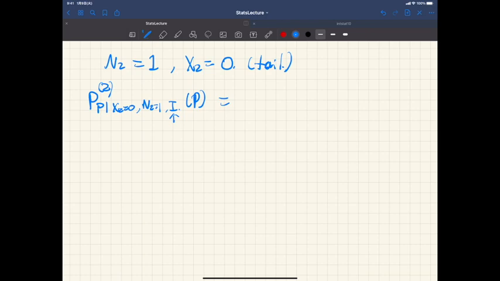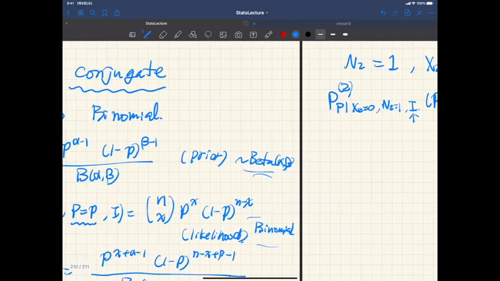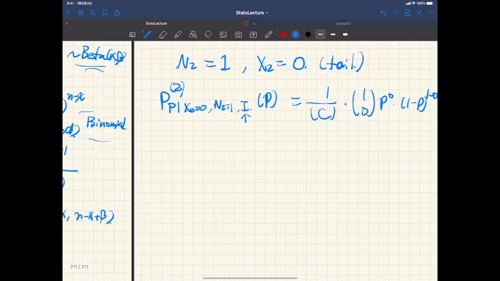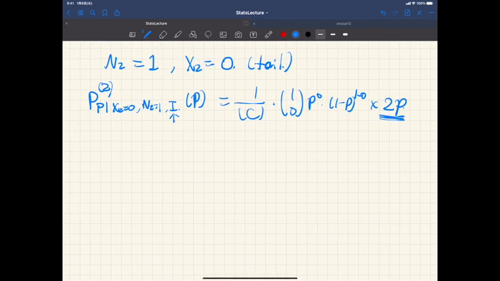Now we have some constant times 1 choose 0, because we got a tail out of one flip, p to the power of 0, 1 minus p to the power of 1 minus 0, and times our prior, which is now 2p. This is the posterior probability we obtained in the previous experiment, and we use it as the prior distribution for the next experiment.